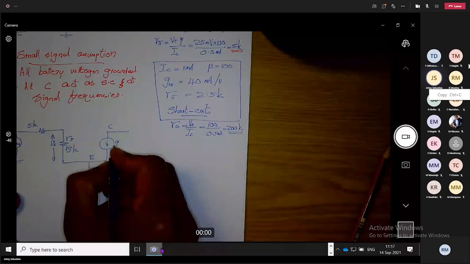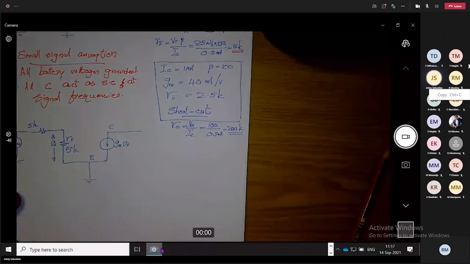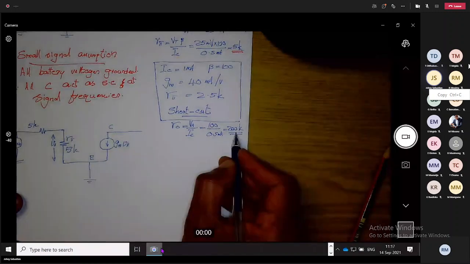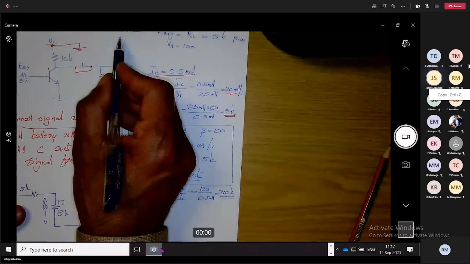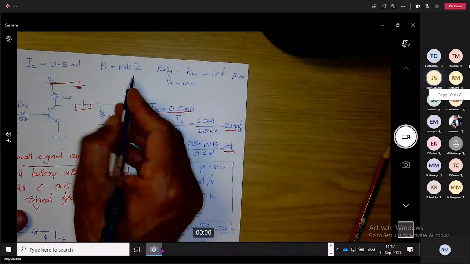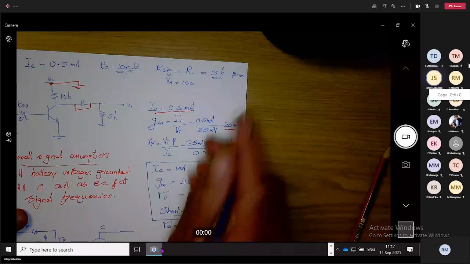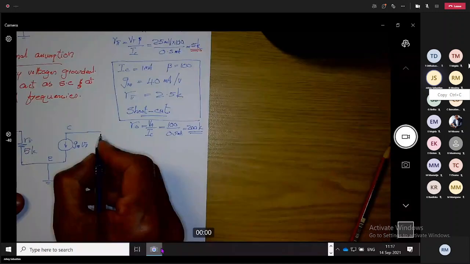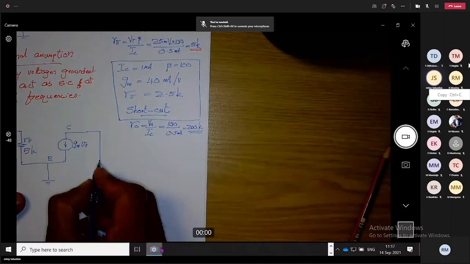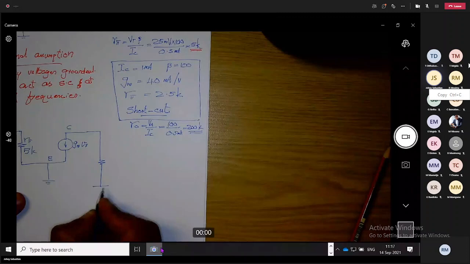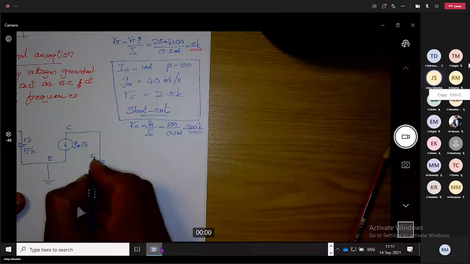Now at the collector, we have r naught going to ground, RC is 10K going to ground, then RL 5K going to ground. This is r naught, which is 200K.